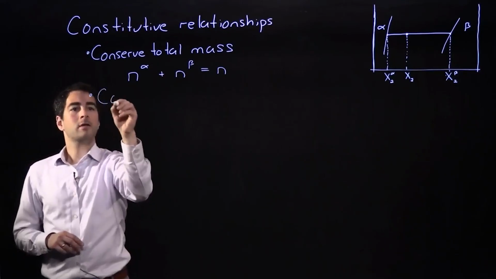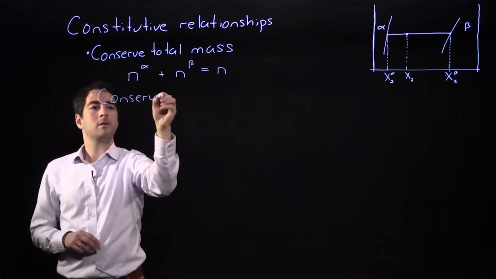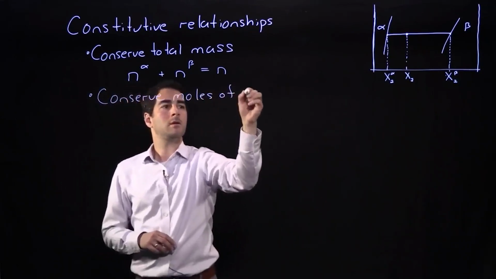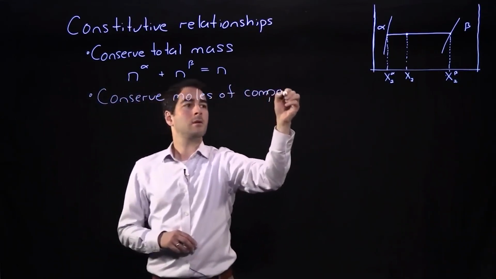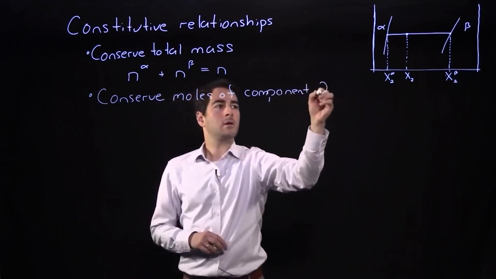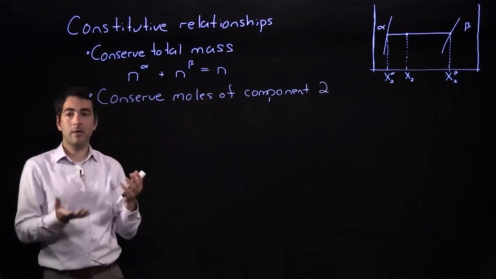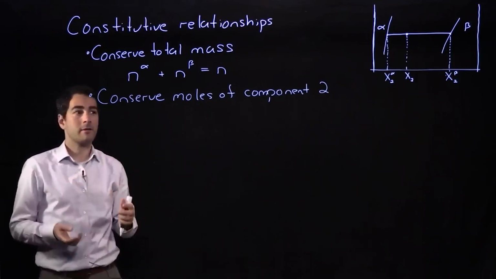We also need to conserve the moles of the individual components, because the two components can't transmutate from one into the other.